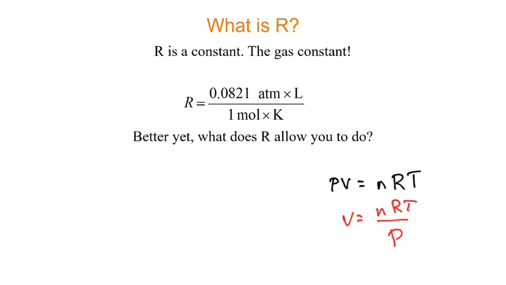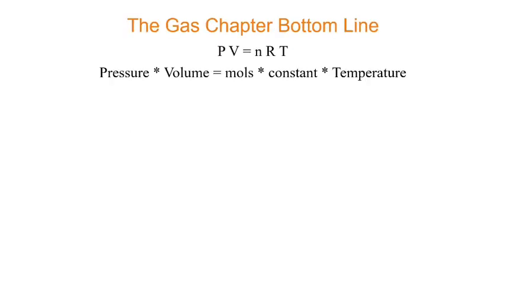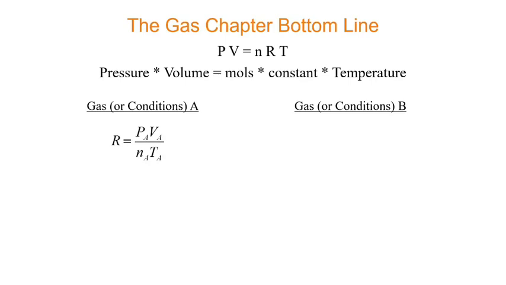And that's neat. The other thing that's super powerful here, we're going to see on the next slide, because these are just rearrangements to solve for either pressure or volume, but we could rearrange it for moles or for temperature.